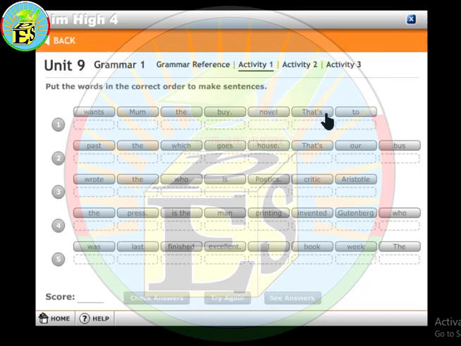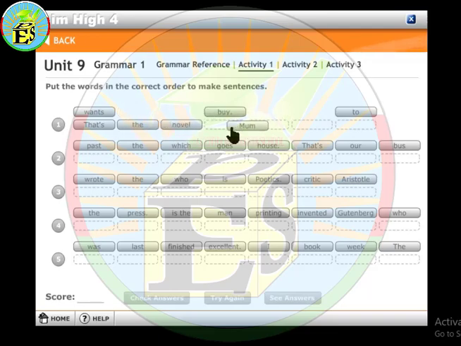We begin with that's. That's the novel mom wants to buy. Wants is the verb.